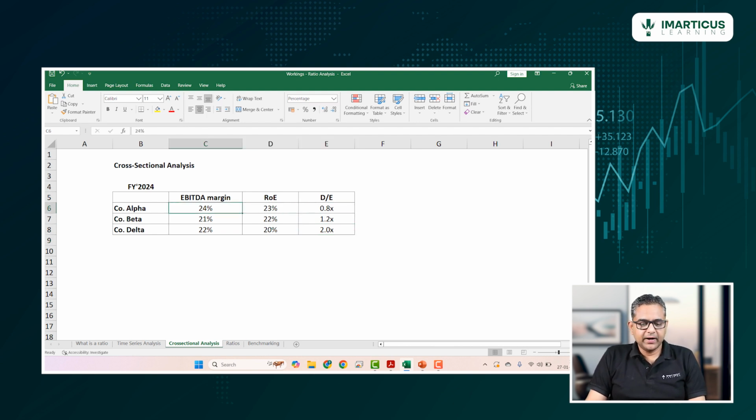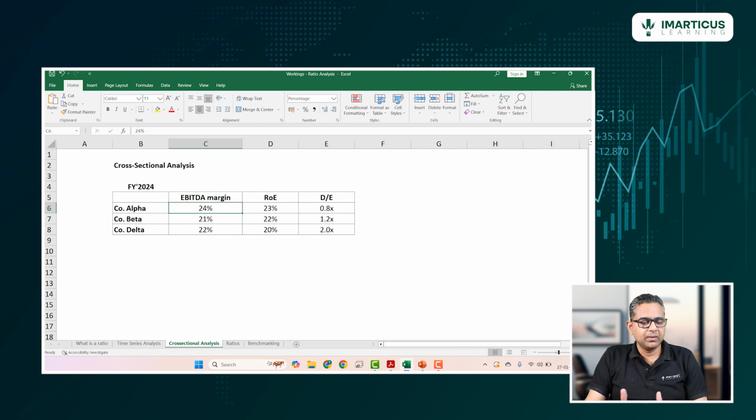So what we have done here is we are looking at data of different companies for the year FY 2024, and we can now compare these companies. Company Alpha has an EBITDA margin of 24 as compared to company Beta, which has an EBITDA margin of 21, as compared to company Delta, which has an EBITDA margin of 22.